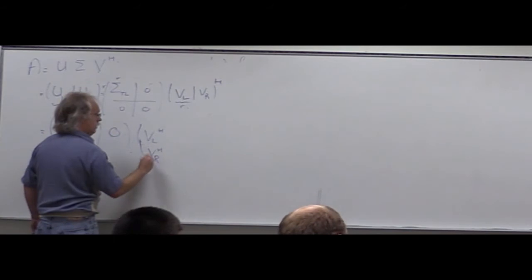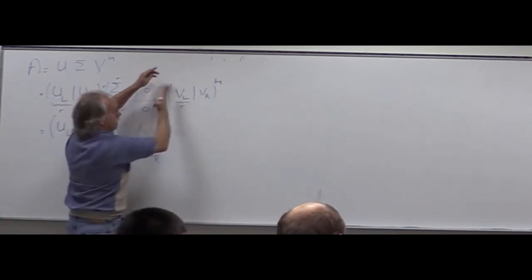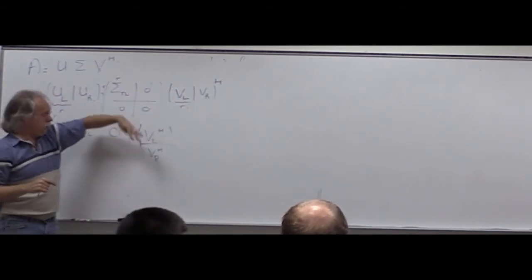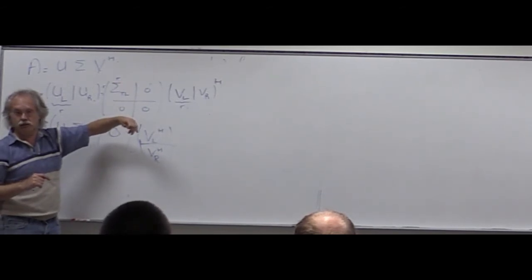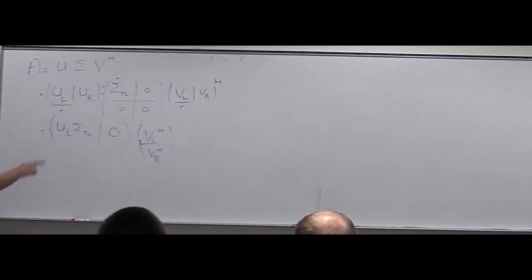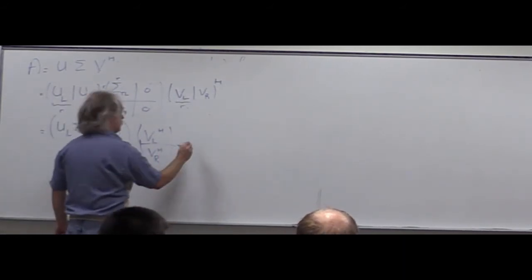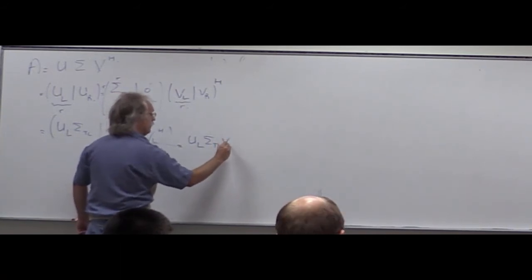That's taking all the columns and making them into rows, except that we do more than putting them into rows. We actually take the Hermitian transpose. And then if you multiply this times that plus this times that, what you get is U left sigma top left V left Hermitian transpose.